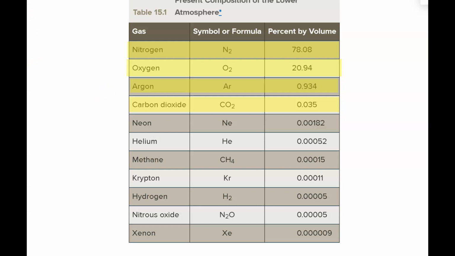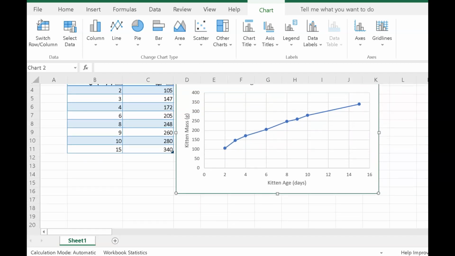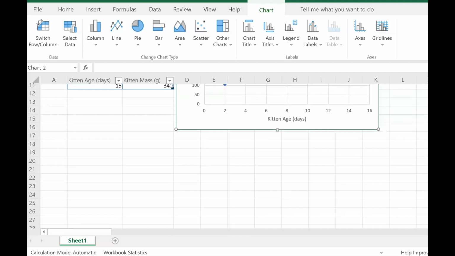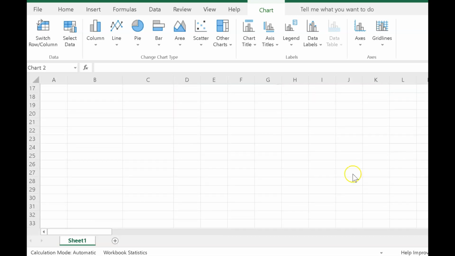So let's look at this information and use it to construct a graph. So we are back to our spreadsheet, and we can scroll a little bit so we can start a new graph somewhere over here. So let's take a look at what we have.